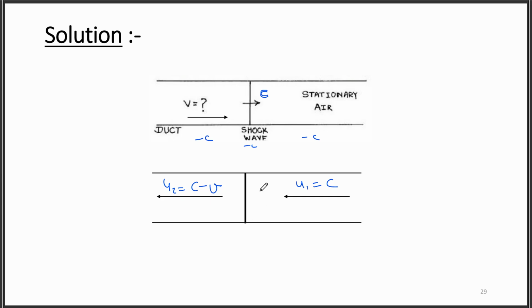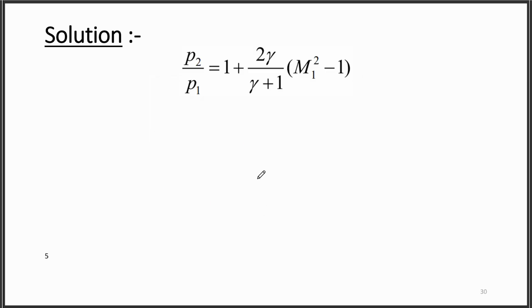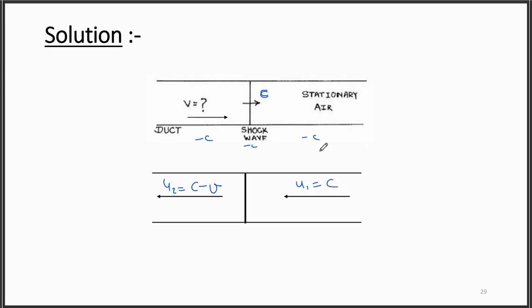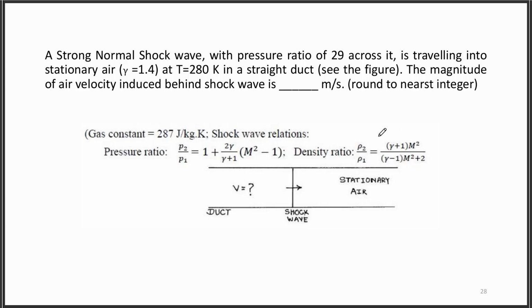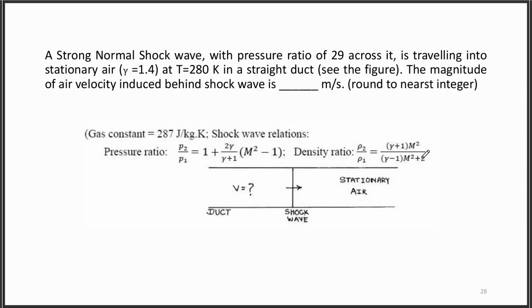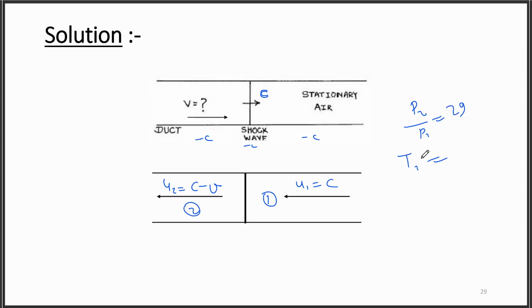Okay, so first, what is given? The pressure ratio is given, 29. This is 1, this is 2, so P2 by P1 is given as 29. And this T1 is given, 280 Kelvin.